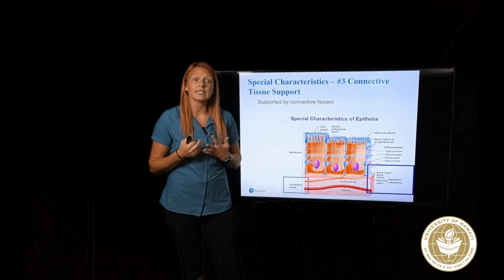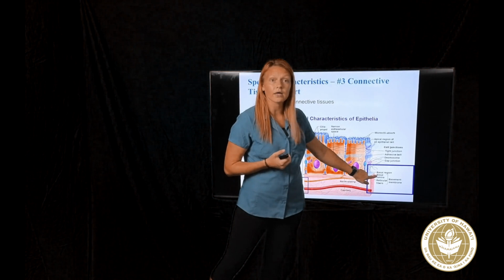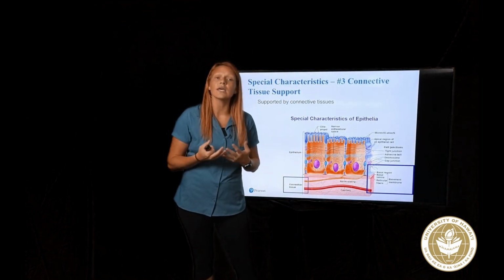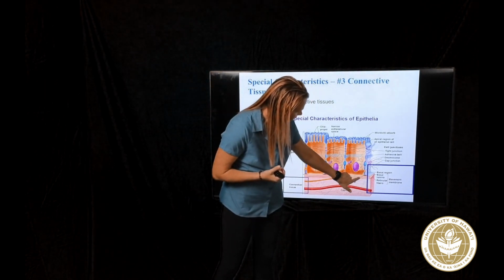So it's actually deep to your basal lamina, and I mentioned the basal lamina a little bit earlier and said I'd talk more about it. That basal lamina, you can see it pointing to it right here, it's this area.